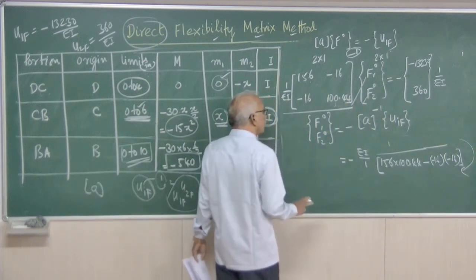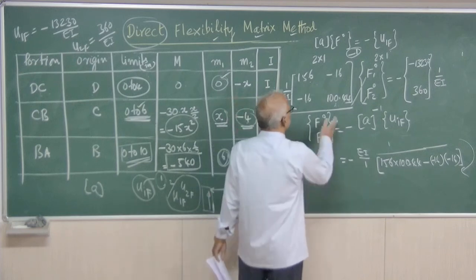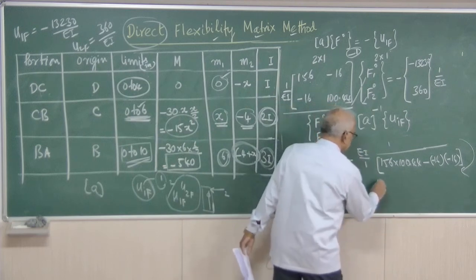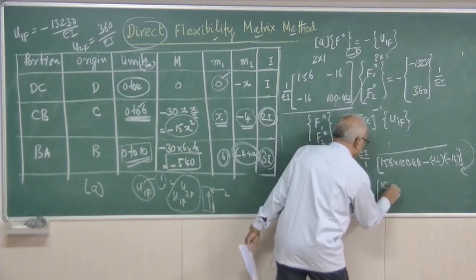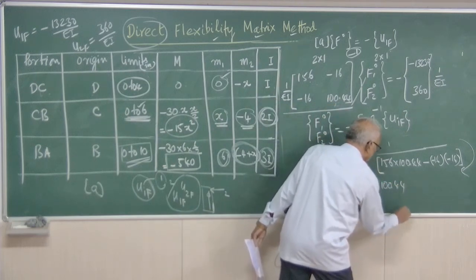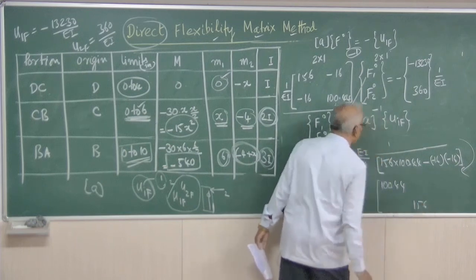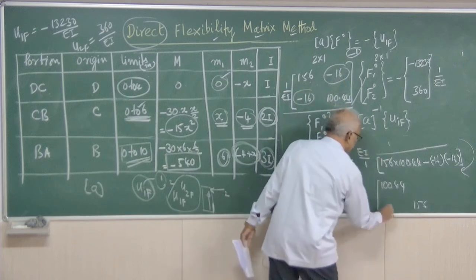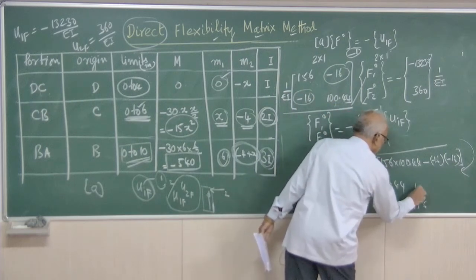Into the adjoint of the matrix. In the adjoint, 100.44 will go here, 156 will come here, and for these two the sign will get changed, so it will become 16 and 16.